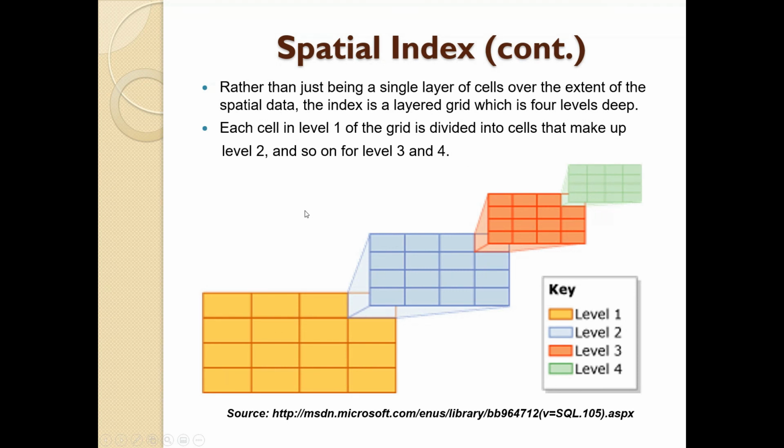And if you look at this illustration here, you have level 1, level 2, level 3, and level 4. So what happens here is that depending on how much you subdivide these layers, here you see a 4x4 level 1, and you see a 4x4 level 2, and a 4x4 level 3, and a 4x4 level 4.